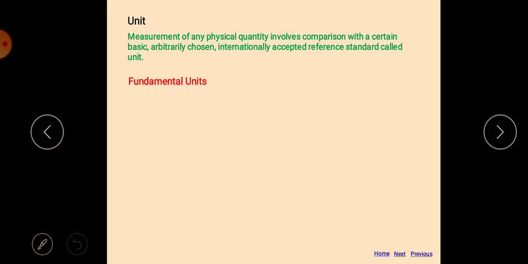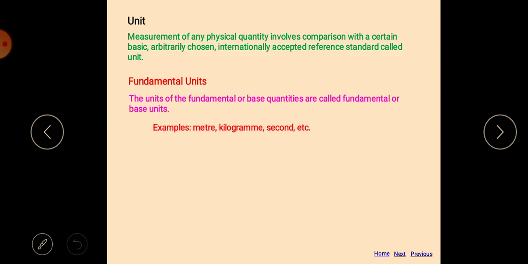Then fundamental units, these are the units of fundamental physical quantities. The units of the fundamental or base quantities are called fundamental or base units. Some examples: meter, kilogram, second, and there are some others also. These units are generally used in mechanics, the branch of physics.